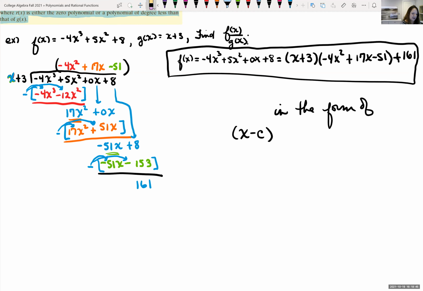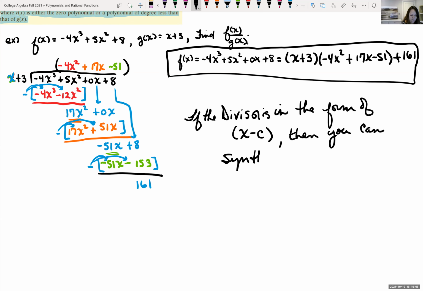But if we have a divisor in the form of x minus c, then you can use synthetic division to divide.